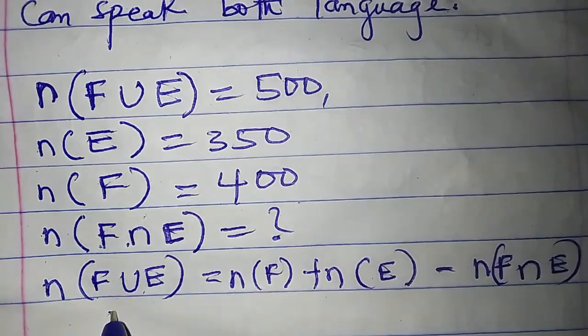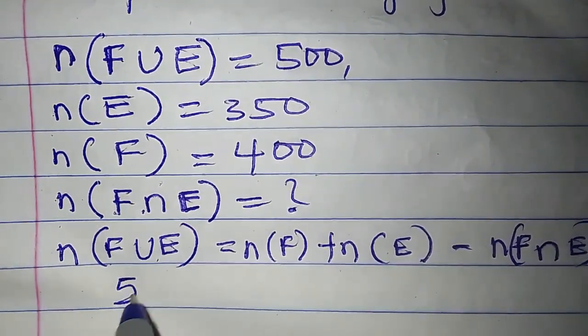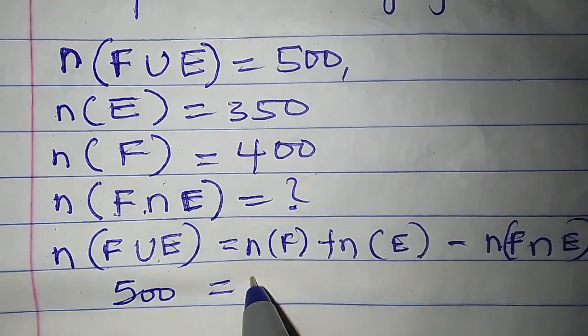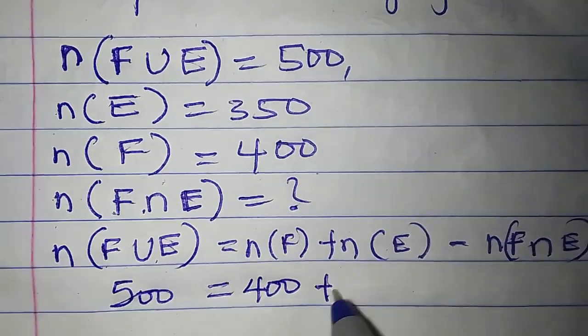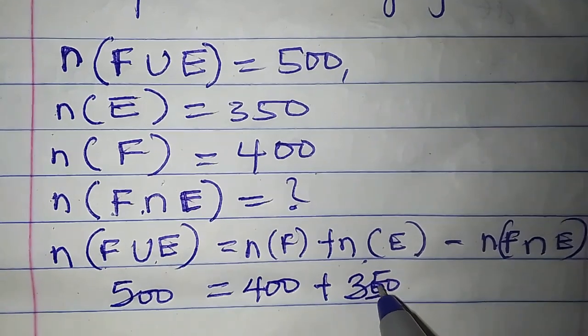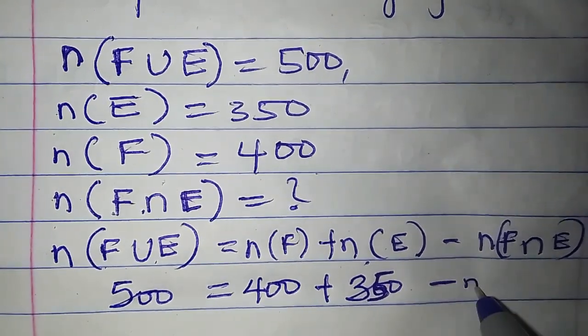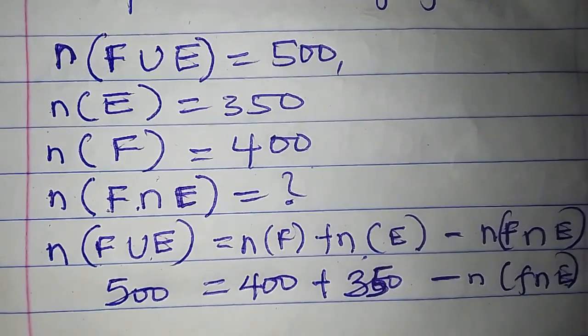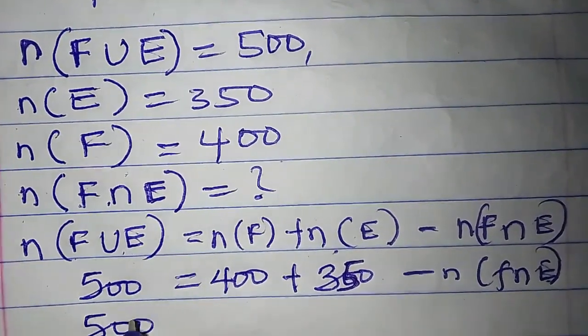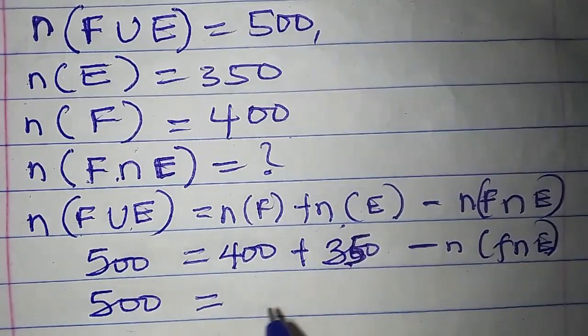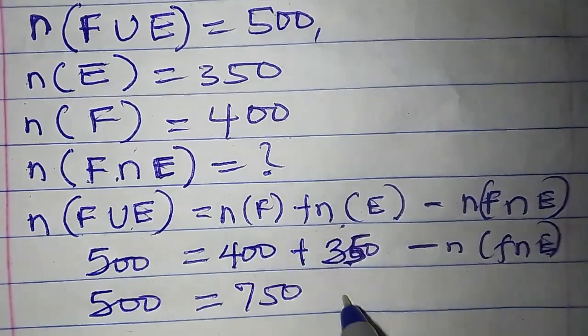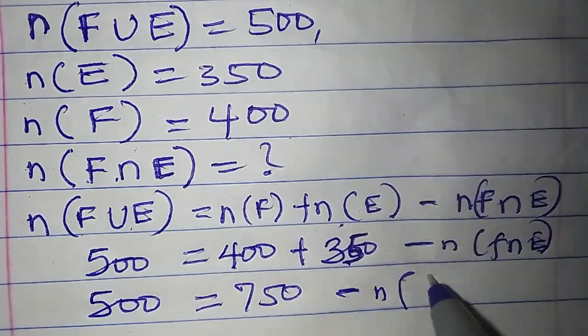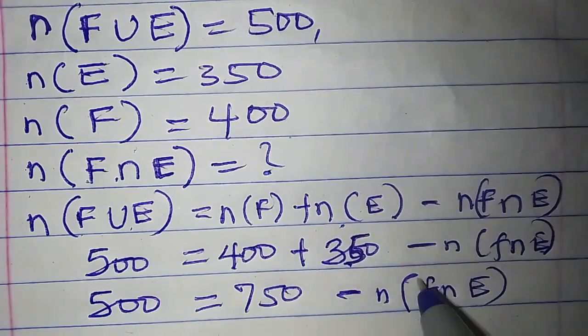Number of F union E is 500. Number of F is 400. Number of E is 350. Then minus number of F intersection E. Okay, that's 500 equal to 400 plus 350, which is 750, minus number of French intersection English.